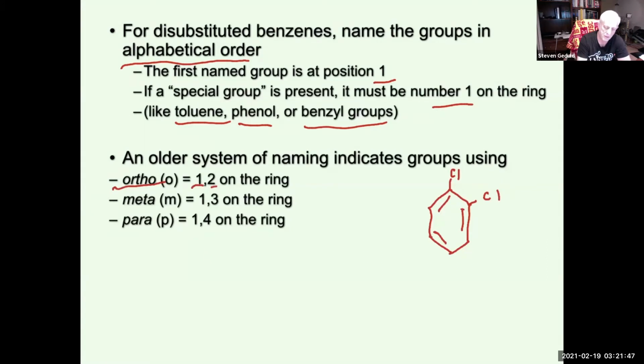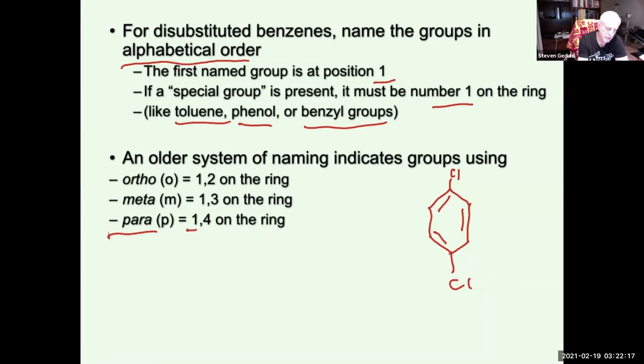Okay. If we had a chlorine group here, that would be meta chlorobenzene. Meta means it's the number 1 and number 3 positions on the ring. If I have my chlorine down here, that would be para dichlorobenzene or parachlorobenzene.